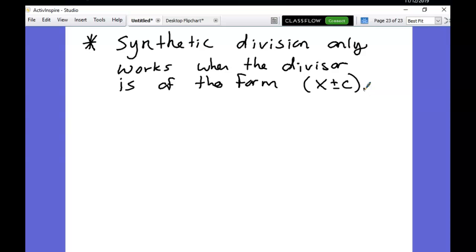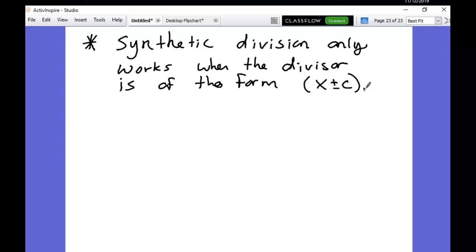So you guys remember last class how you put one thing underneath the bracket, right? And one thing outside? The one outside is called the divisor. That thing that's on the outside, it can only be x plus a number or x minus a number. If it looks like that, then you can do this little shortcut trick. If it doesn't look like that, then you have to do long division. Okay.